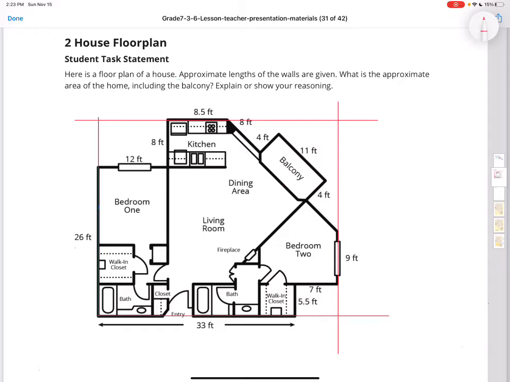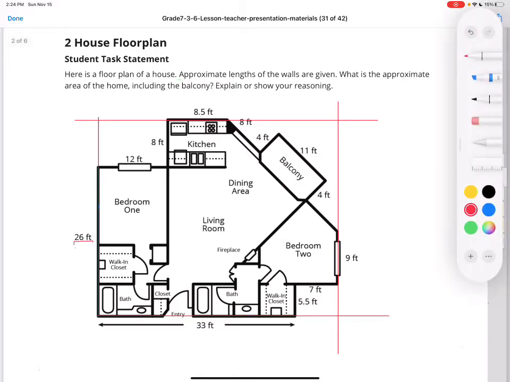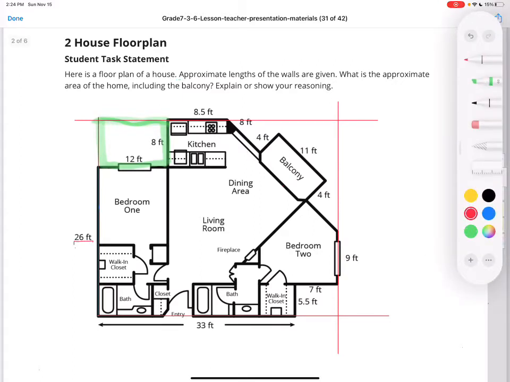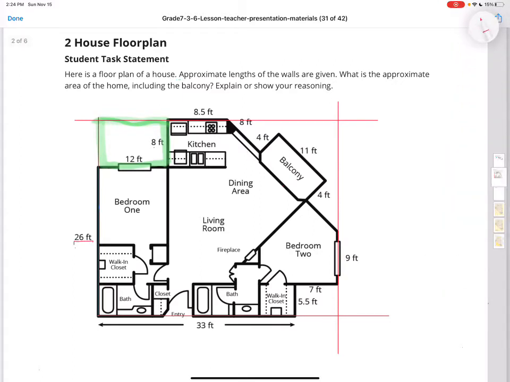Now, before we even get started, you have to understand the construction of a rectangle. Whatever one side is equivalent to, the other side will be equivalent to. The reason I say this is because we need to find the new measurements. So when I look at this rectangle, which I'm going to highlight in green because this is a miniature rectangle, I need to understand that if this is 8 feet, then this will be 8 feet.